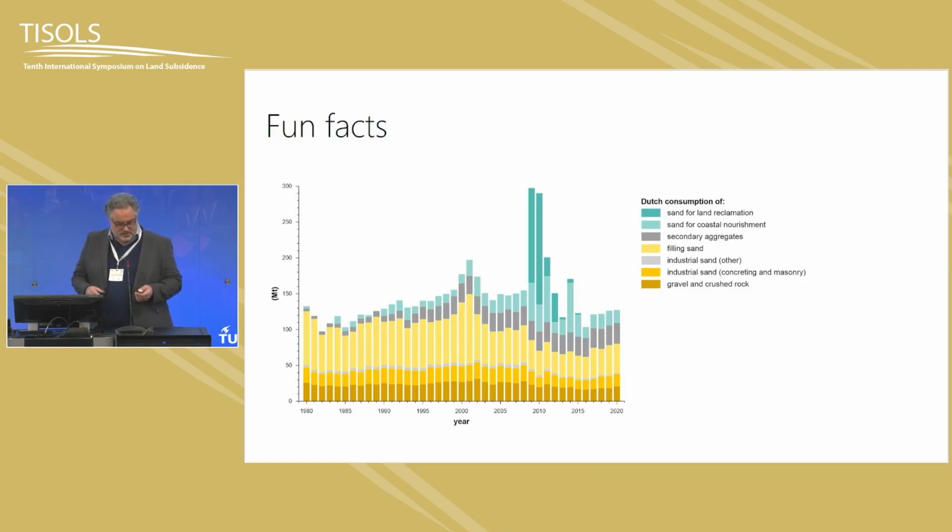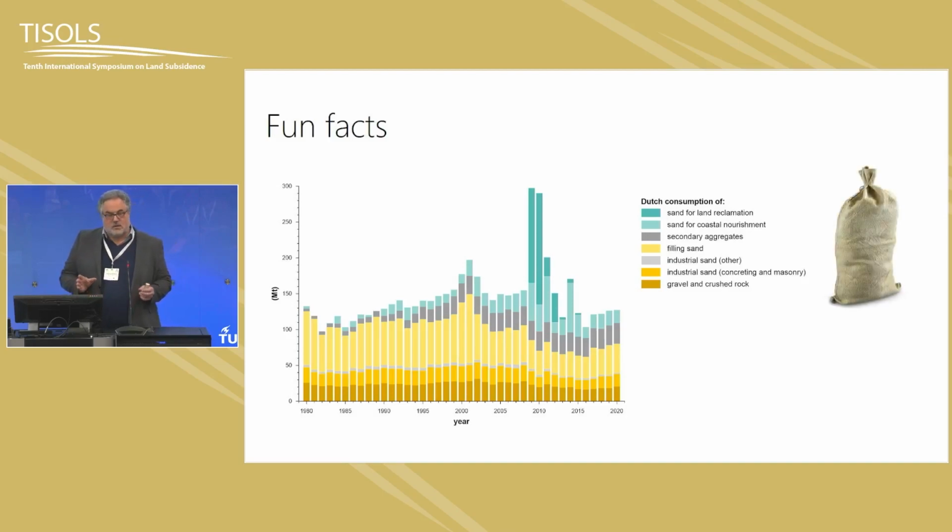Never mind the details. You see that the annual consumption can be as high as almost 300 million tons per year. And is this a lot, or isn't it? Well, first, it equates to about a standard sandbag per person per year in this country, which is definitely more than you would eat. In fact, it is a lot.